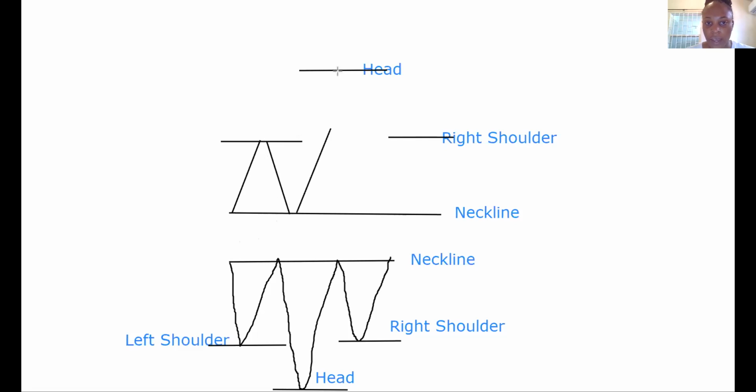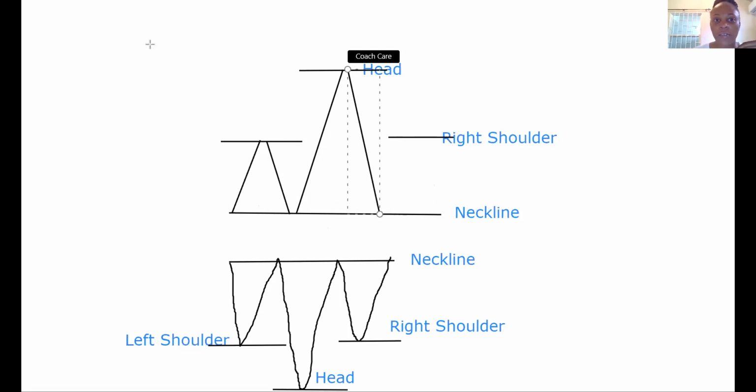After this, you get the head. Now when you see this, how to confirm that you're having a head and shoulder pattern forming is by having something called 100% retracement of the left shoulder and of the head. So it must meet the support of your left shoulder, and that is called 100% retracement. So where the head started, it needs to come back and finish, and that is known as 100% retracement.